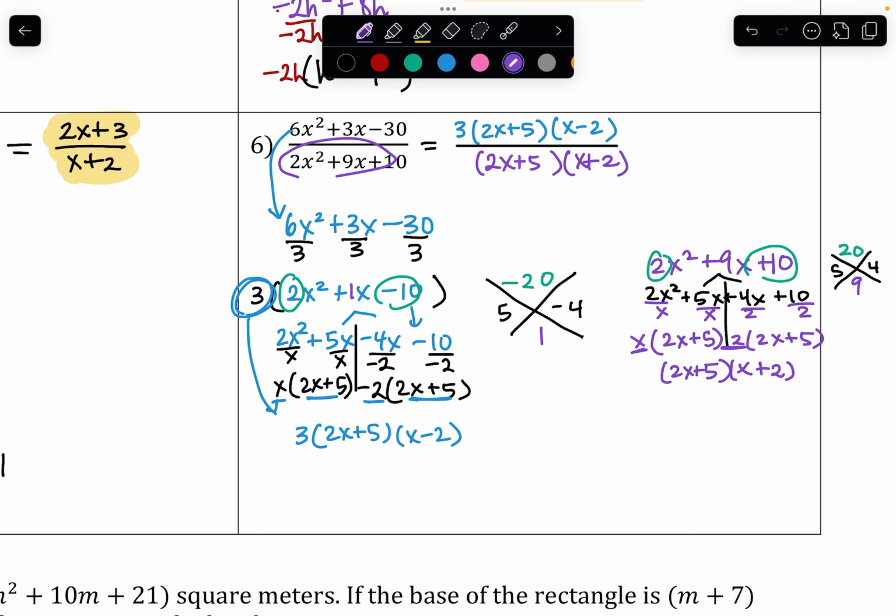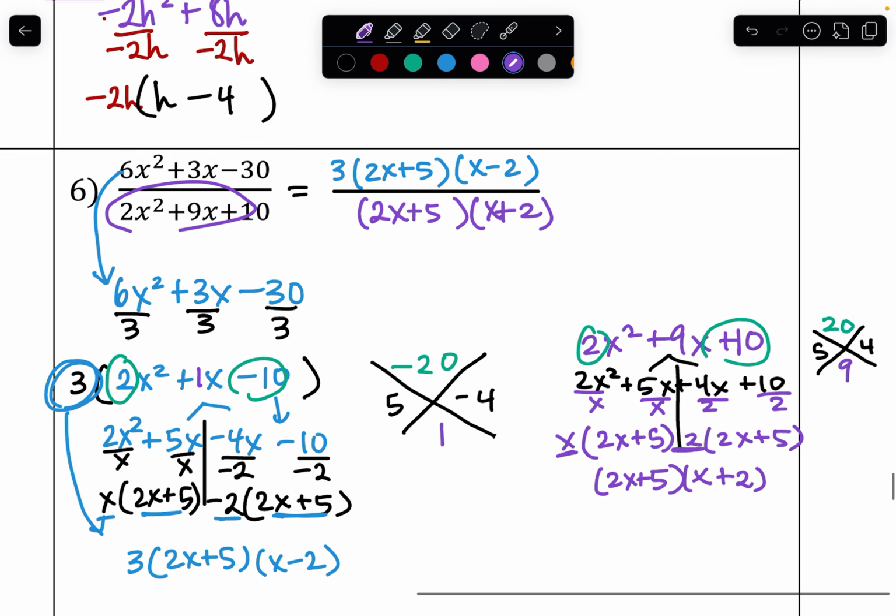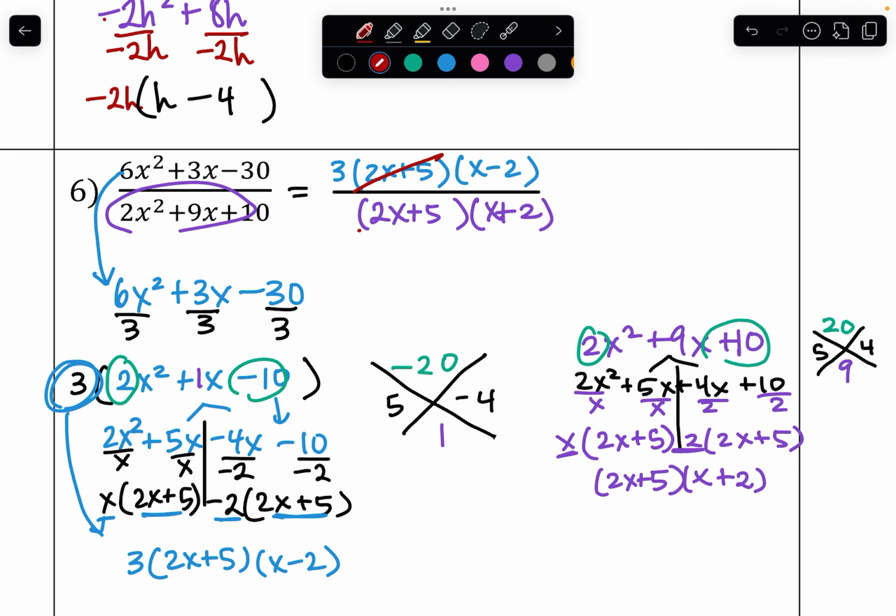Okay, so now as we start canceling common factors, we have a 2x plus 5 and a 2x plus 5. This x minus 2 and x plus 2 look very similar, but they are different. Okay, so these factors do not cancel.